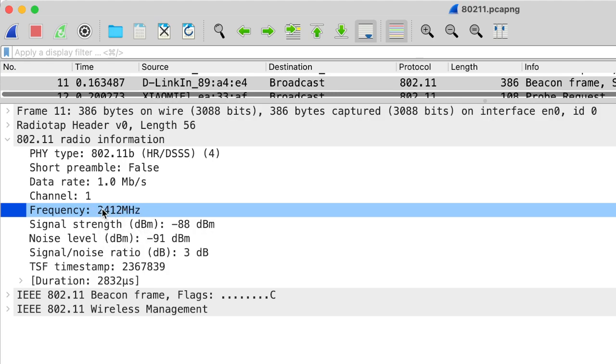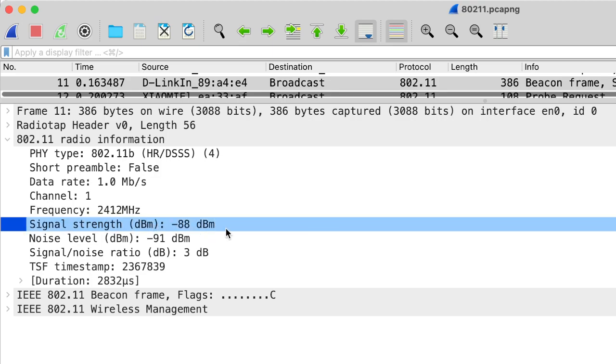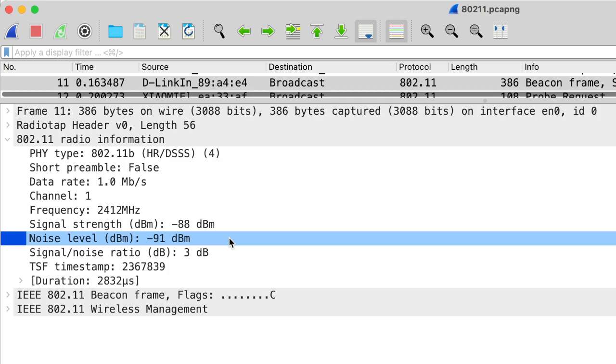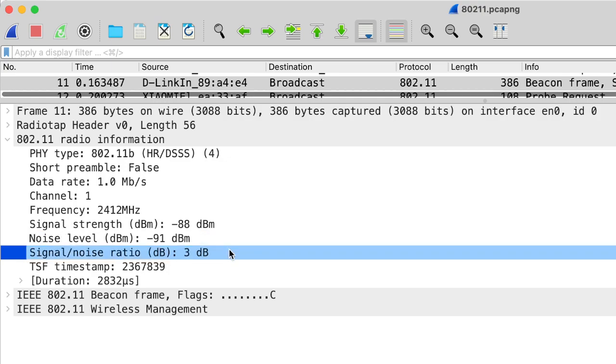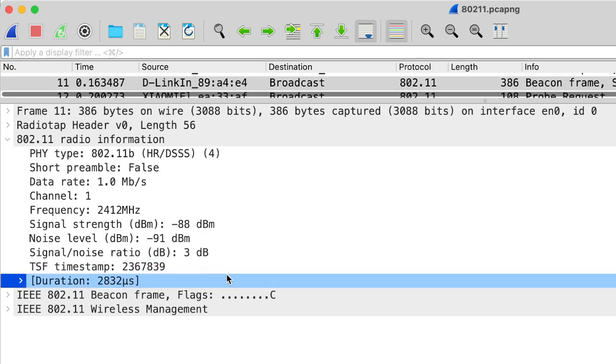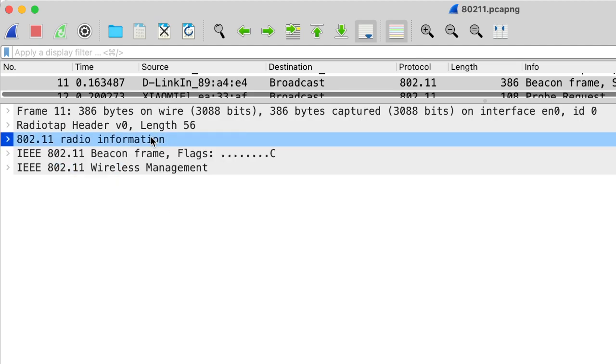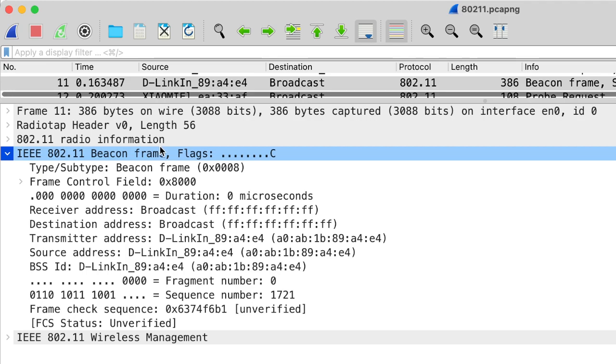The frequency is 2412 megahertz. My network interface card, my Wi-Fi card, can sense the signal strength and the noise strength, so that is a signal to noise ratio. The unit is dB. That is some information about the radio.